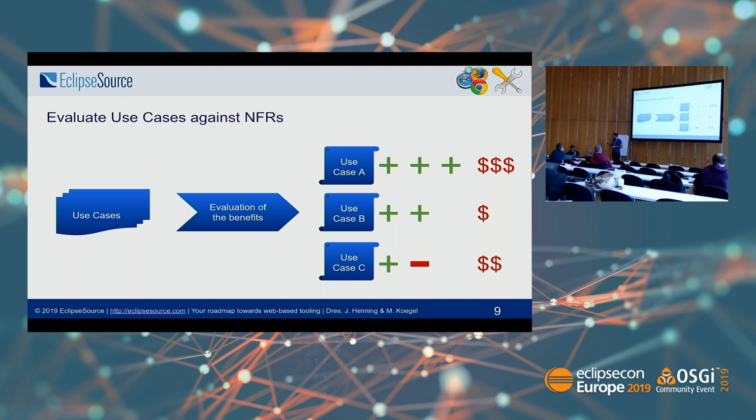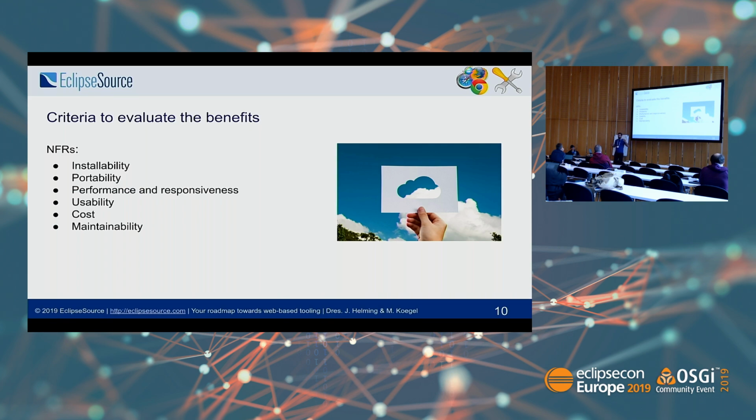Now, how do you evaluate the benefits? We're not talking about benefits of those use cases in general, but benefits of those use cases being available in the cloud or web. To indicate that, you look at the use case and you imagine, if this would be available in the browser, how much would the user benefit from that?